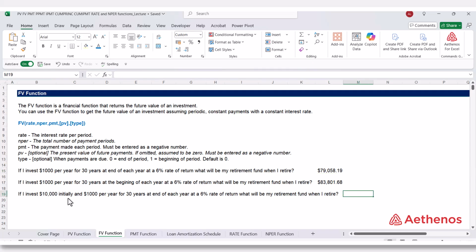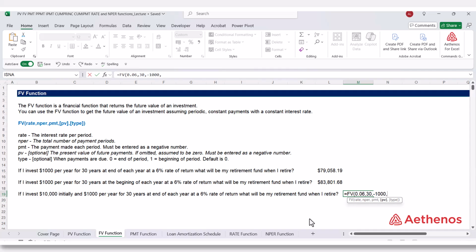Then let's look at this final example. Here we are going to invest $10,000 initially at the beginning and then $1,000 for 30 years, at the end of the year, at 6%. So let's see the retirement fund in that situation. So equals future value. The rate is again 6%. Number of payments 30. And PMT is minus 1,000 again.